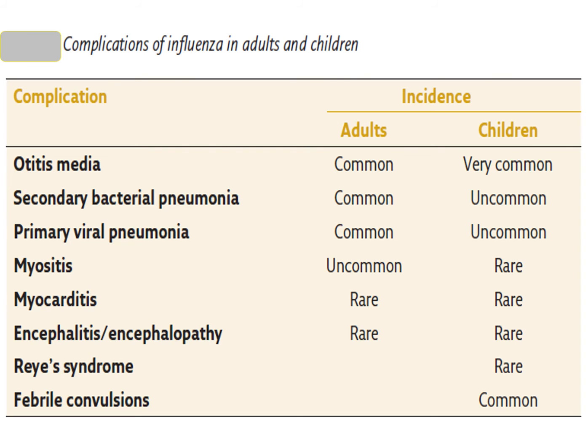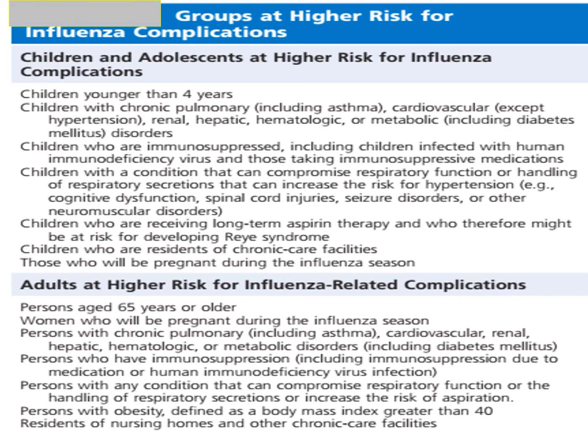Reye's syndrome in children is rare. These are the groups at higher risk for influenza complications. Please print this slide and study it well to use it in your clinic or hospital.